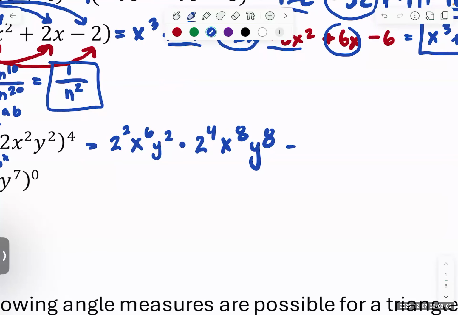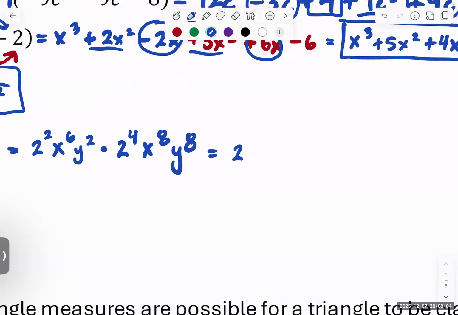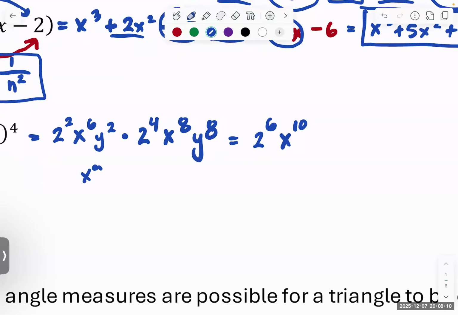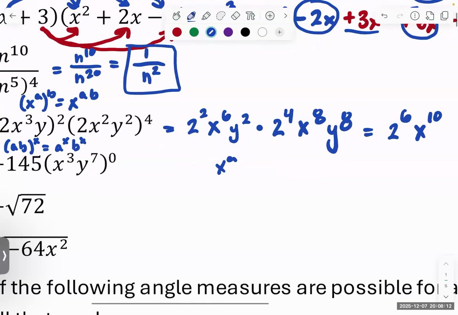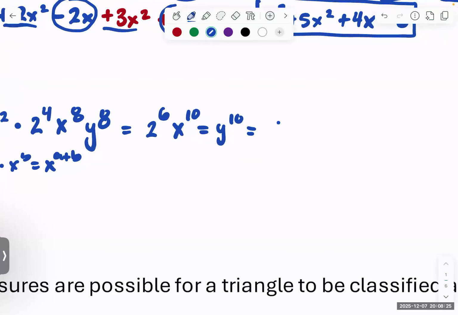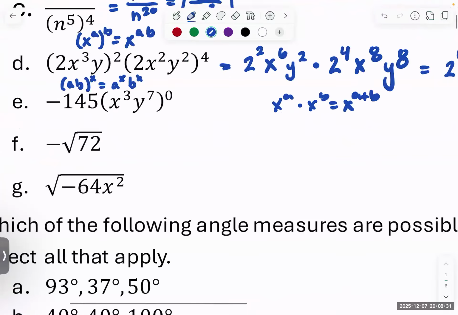And this is equal to 2 to the power 6 times x to the power 10, because now that we have it like this, we can add the exponents. Times y to the power 10. And 2 to the power 6 is 64, x to the power 10, y to the power 10. That's your final answer.